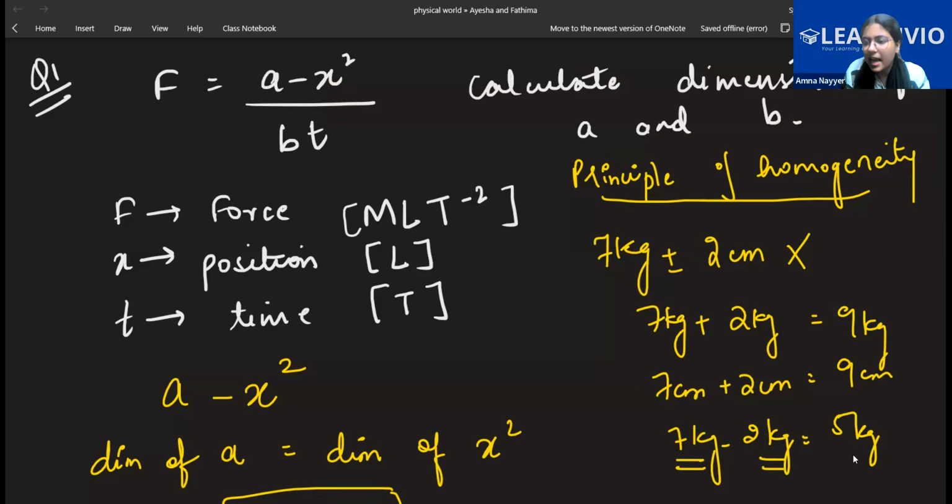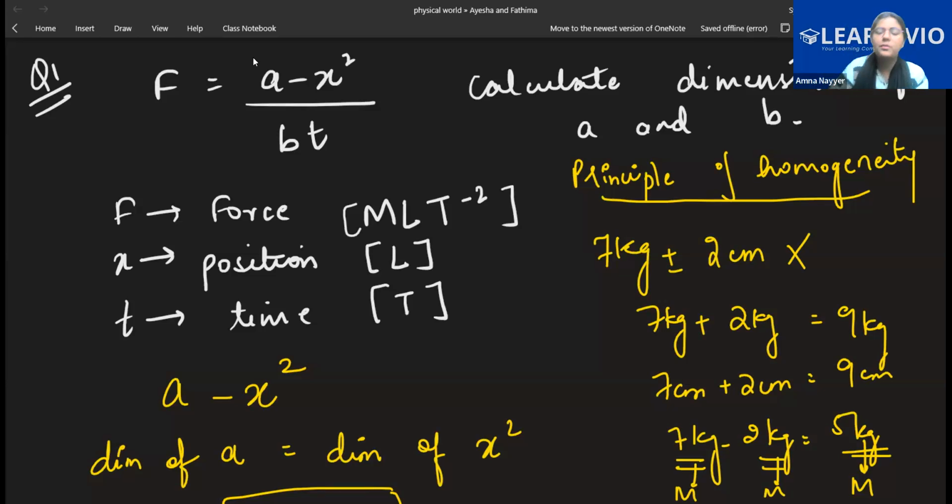No, you still have the unit kg only. If this is m, the result will also be m. So if this is L square and this is L square, their resultant will also be L square. So instead of A minus x square, I can still write this as L square. Got it? Yes. Aisha, did you understand?